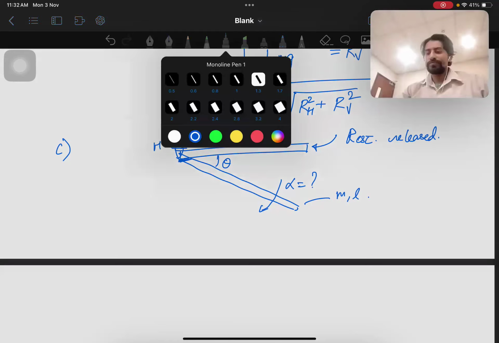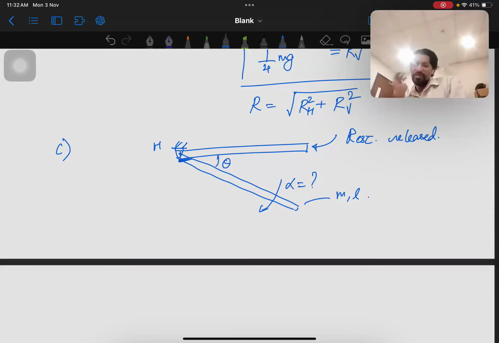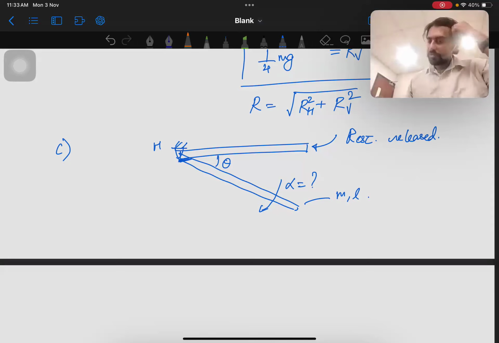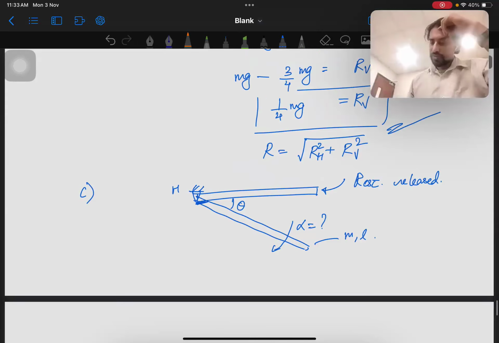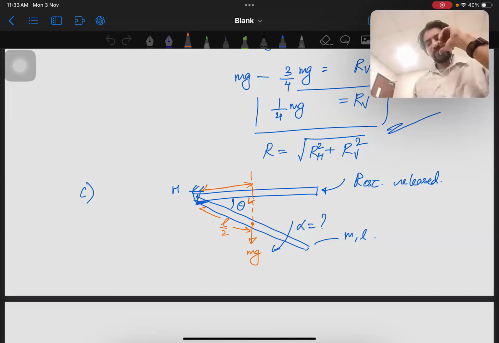What do you do? There's no difference, same it is. Torque about the hinge equal to I alpha. Torque about the hinge will be due to all the forces. In this case, due to the mg. The mg is acting which way? Downwards, this way. And what is the perpendicular distance of mg from the hinge? It's this distance. It's not L by 2, like in the previous one. This is the distance which is L by 2. So if you observe, L by 2 cos theta is the distance.